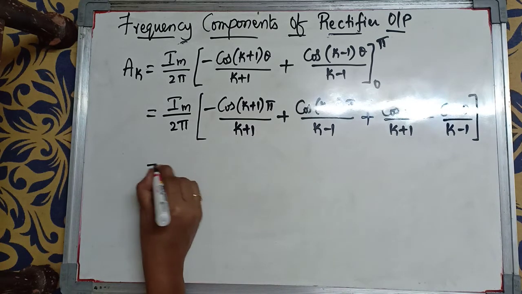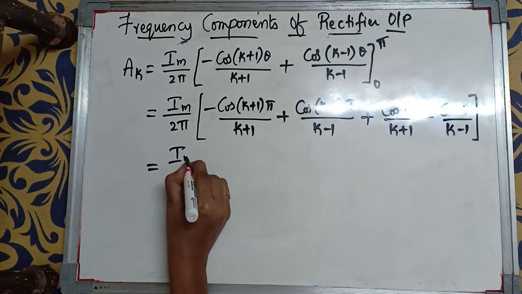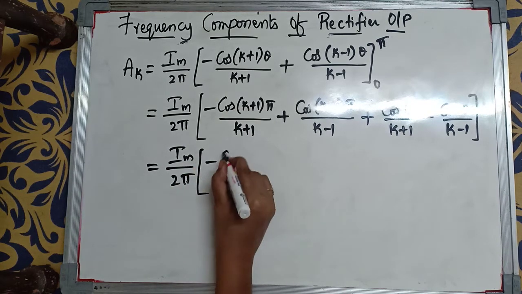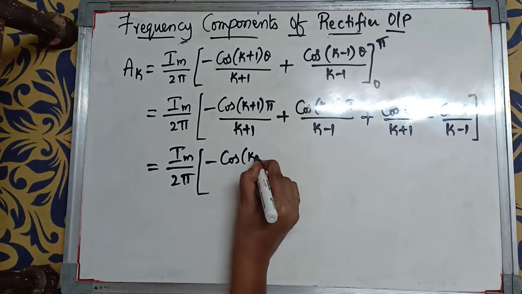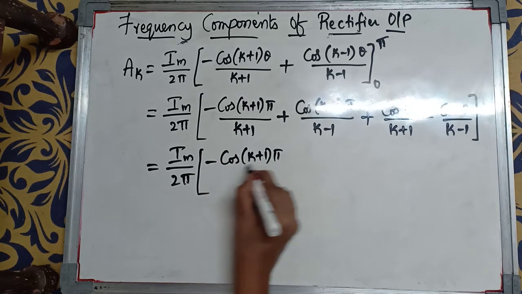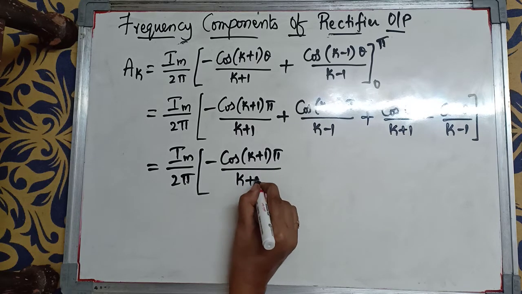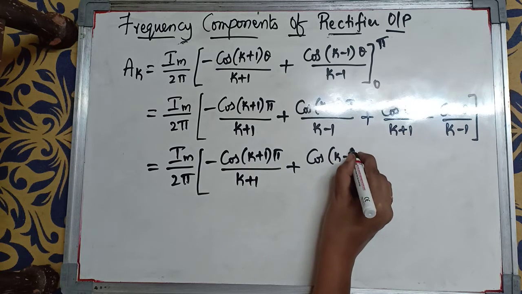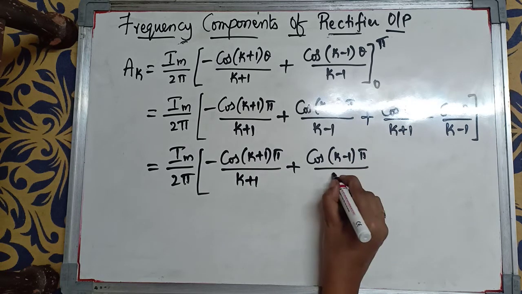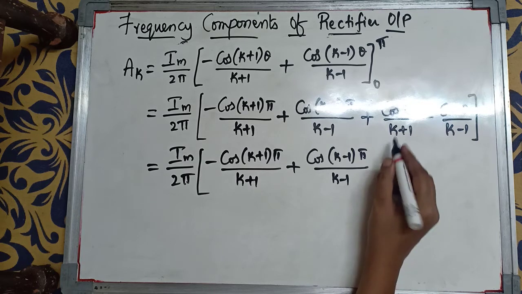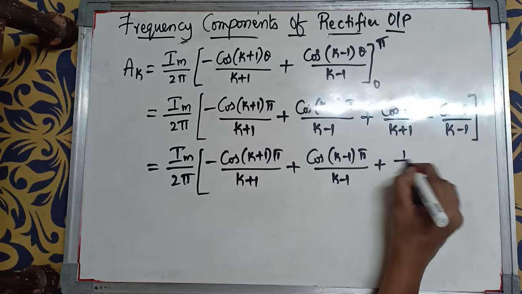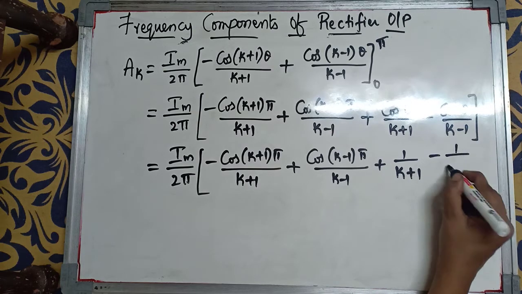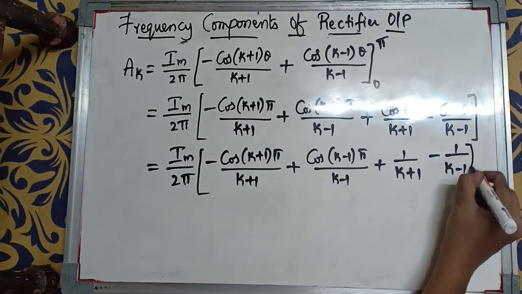Let us further simplify this equation. Cos 0 value is 1, so we will get 1 by k plus 1 minus 1 by k minus 1.